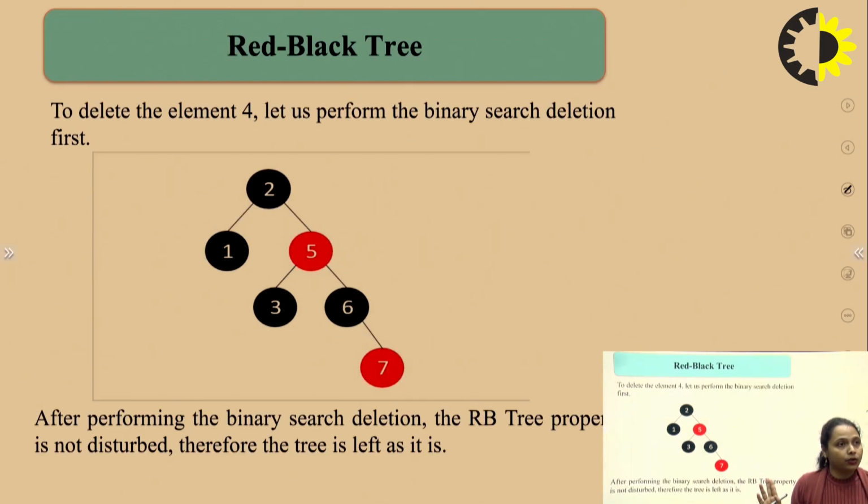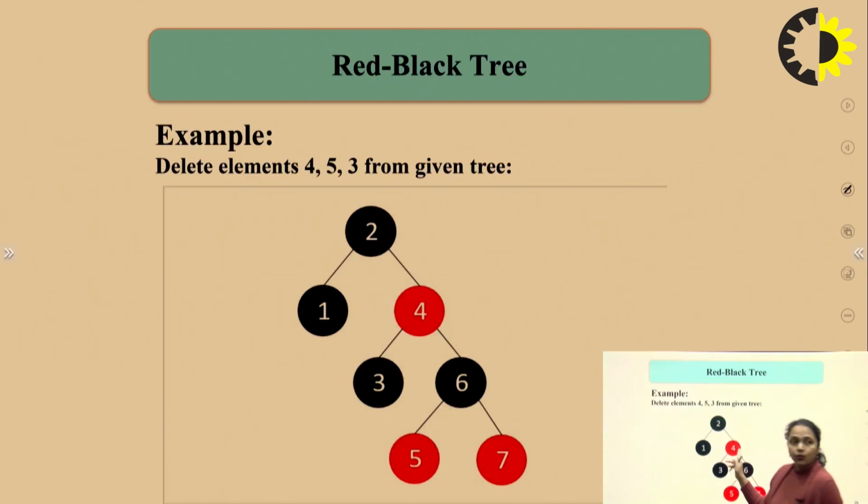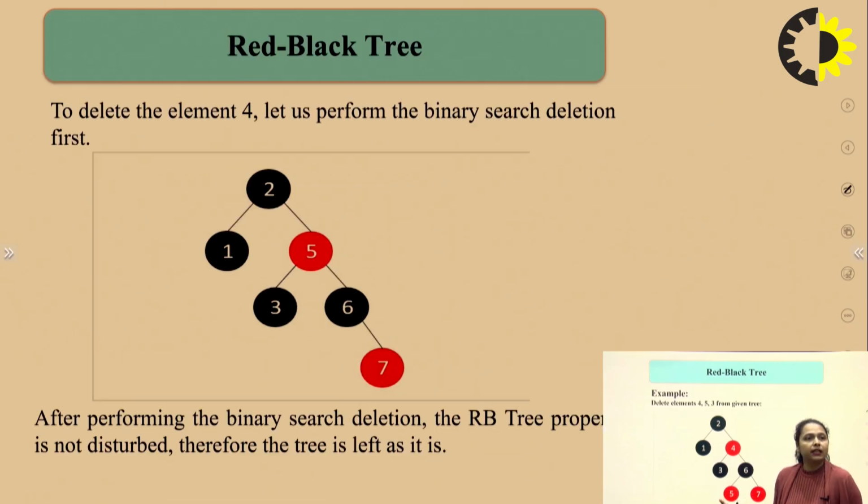In this particular case, binary search deletion is applied. So what is going to happen? 4 is deleted from its in order successor, that is 5. So 4 is replaced by 5. Now we have to delete 5 and 5 is a leaf node that is red in color. So we just simply remove 5.